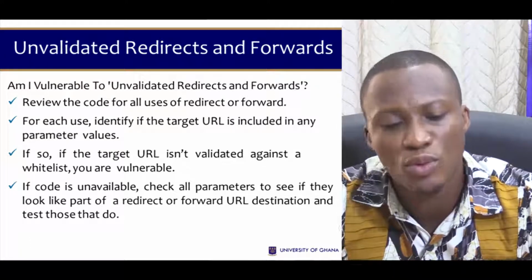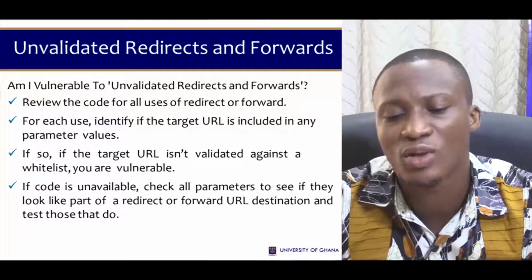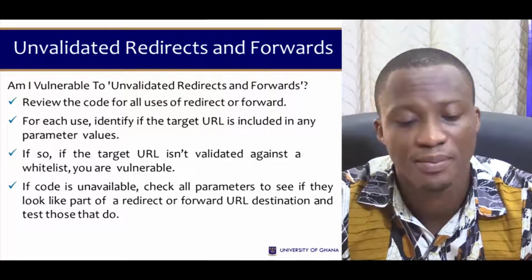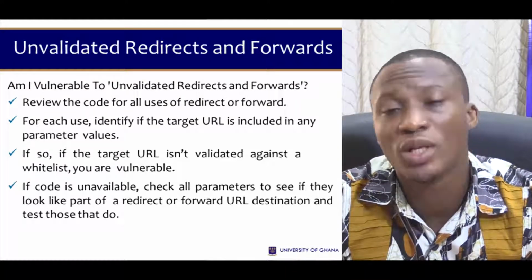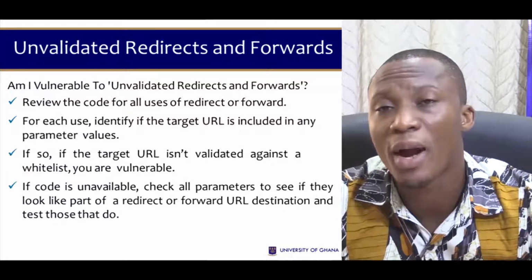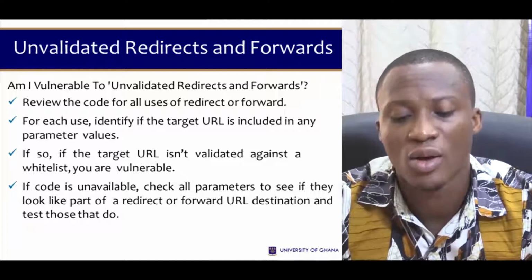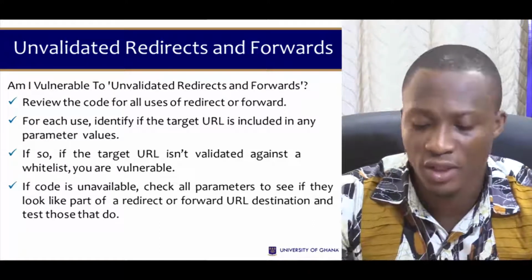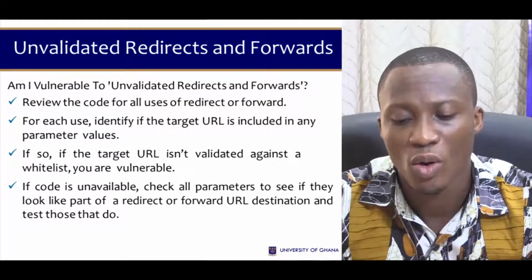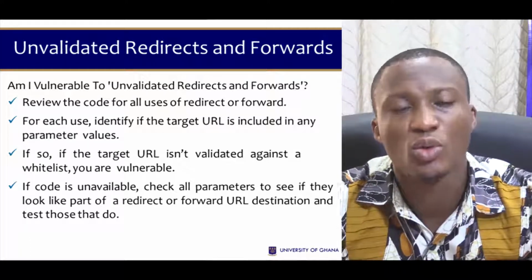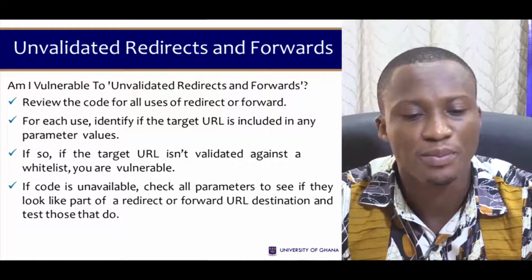For each use, identify if the target URL is included in any parameter. If the code is unavailable, check all parameters to see if they look like part of a redirect or forward URL definition or destination, and test those that do.